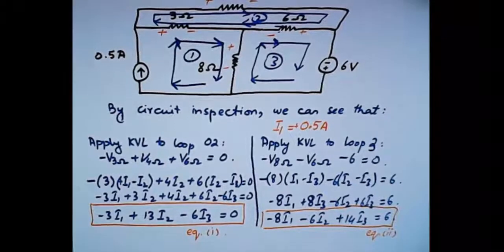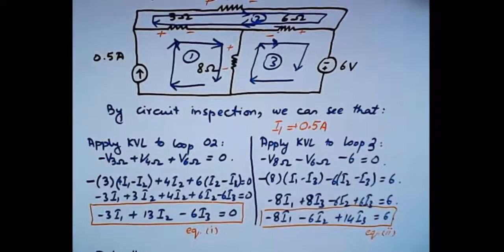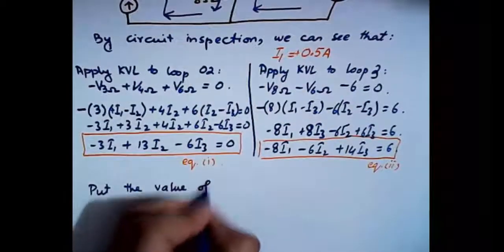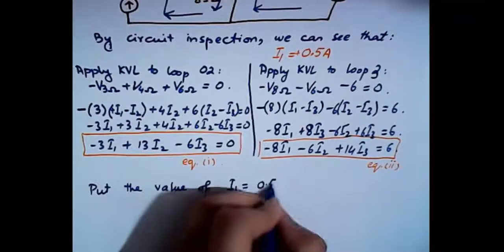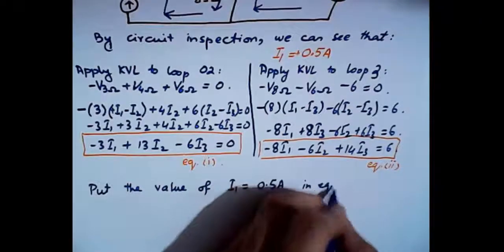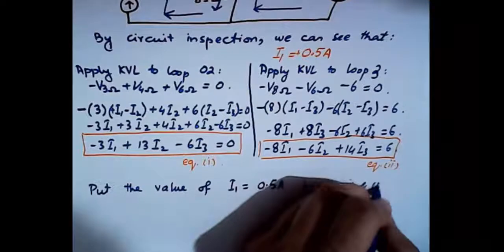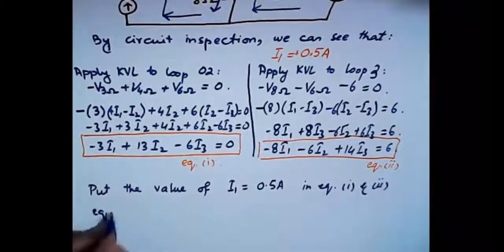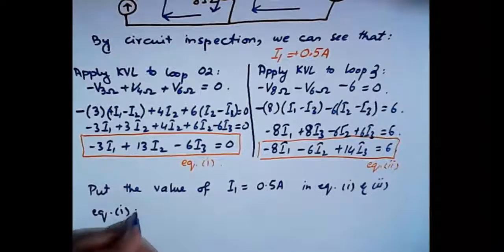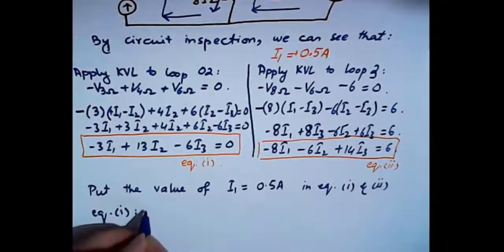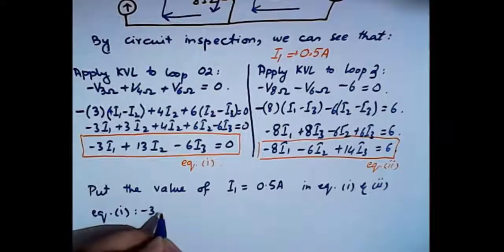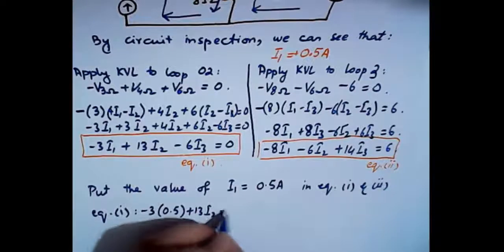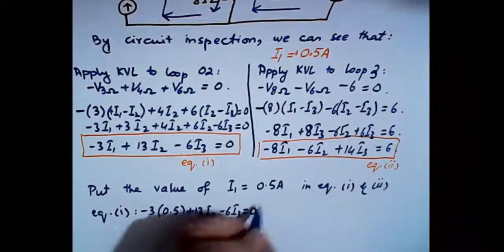So put the value of I1 equal to 0.5 ampere in equations 1 and 2, right? So equation 1 will be updated. It will become minus 3 times 0.5 plus 13I2 minus 6I3 is equal to 0.